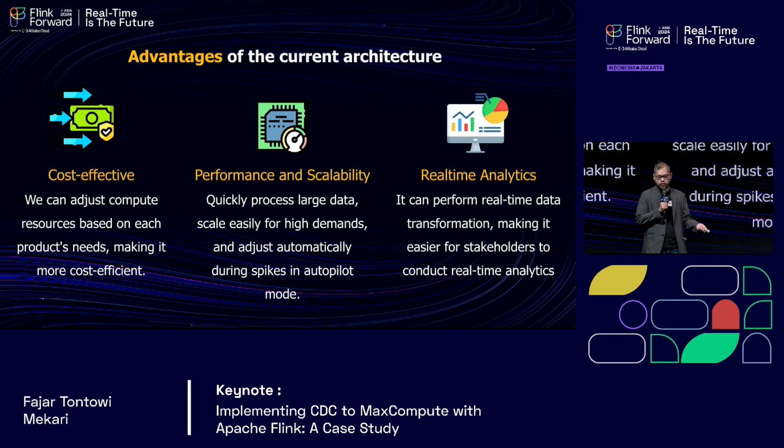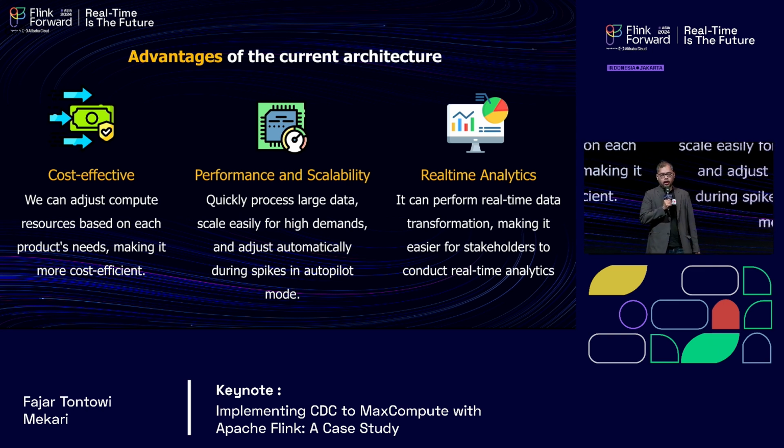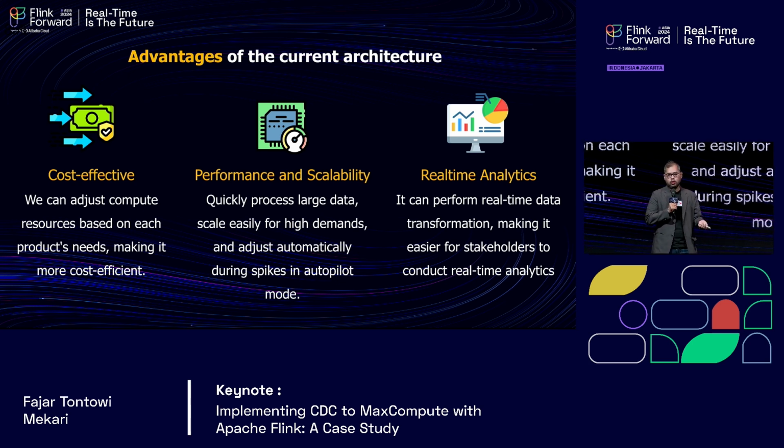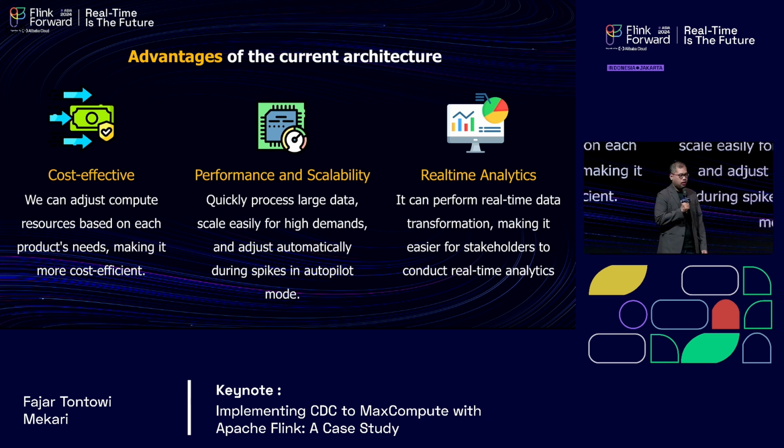It also makes it easy for us to scale the data, and easy to calculate the cost for each product, because sometimes we need to calculate the cost based on the product we have. And the second is performance and scalability.